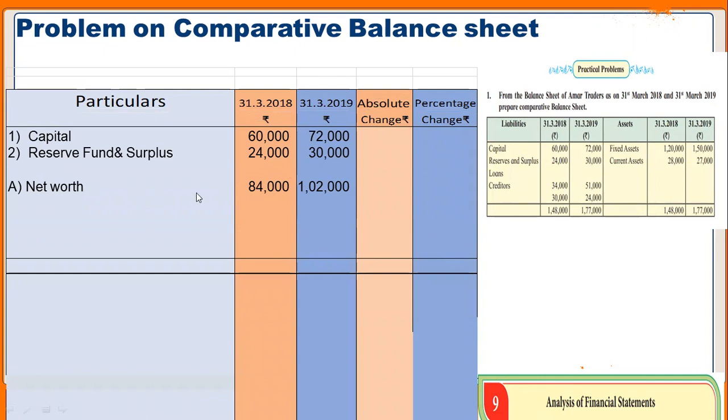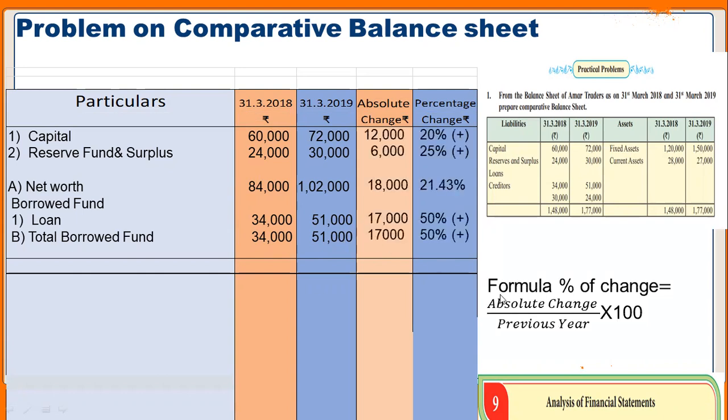Net worth means total of both these items, that is 84,000 and 1,02,000. Borrowed funds means from where the company will take the loan, that is loan 34,000 and 51,000. Total borrowed fund is 34,000 and 51,000.